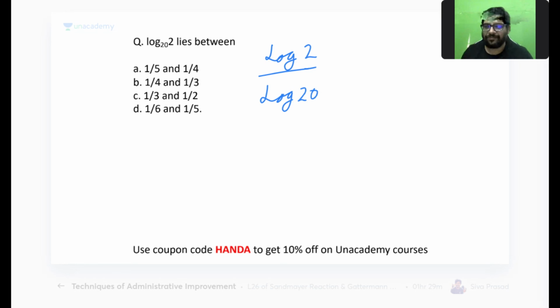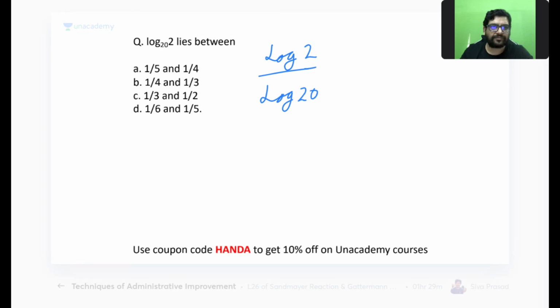Now I might not. Okay, can you guys tell me what the answer for this one will be? Log 2 to the base 20, what will it lead to as an answer? Should not be difficult if you can actually estimate what is the value here, what is the answer that you're looking for.